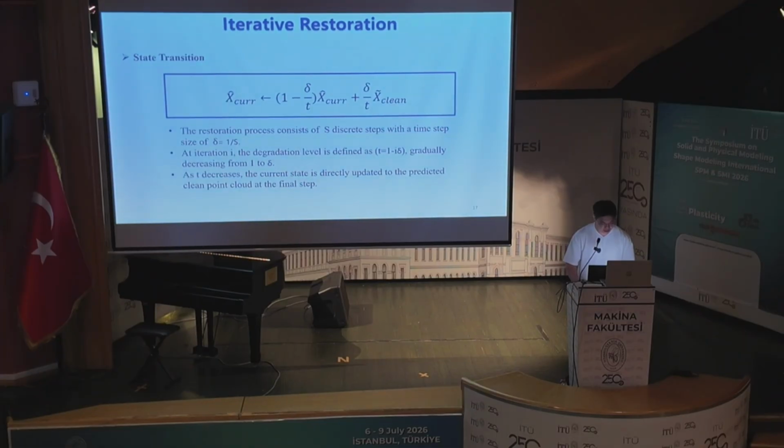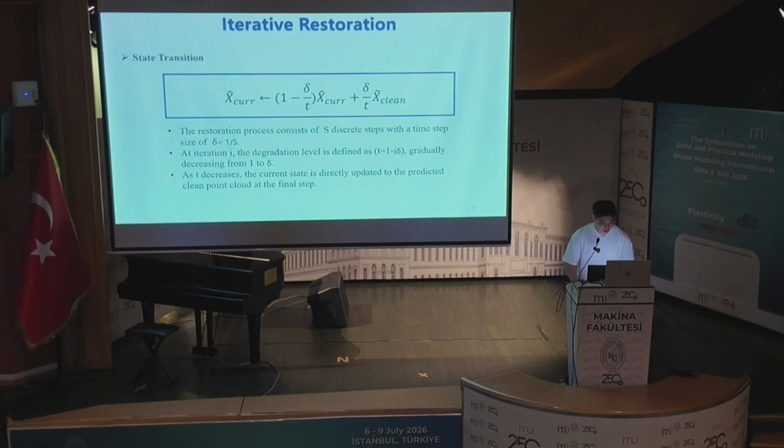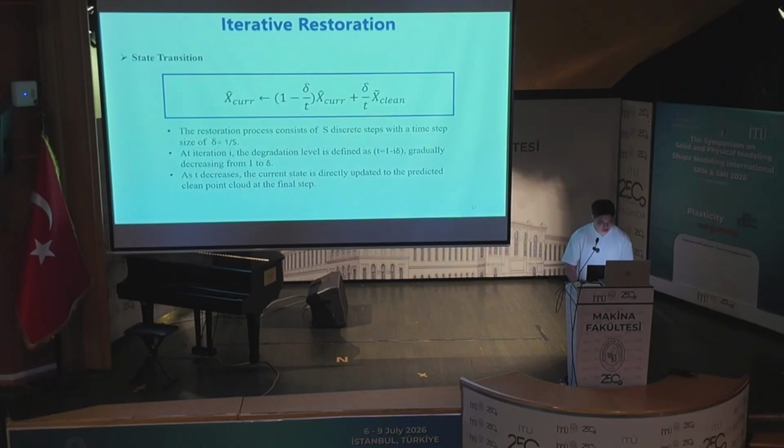Then the closed-form update combines the current estimate and the predicted clean state. As T becomes smaller, the update relies more strongly on the clean prediction, and at the final step, the current state is directly replaced by the predicted clean point cloud.